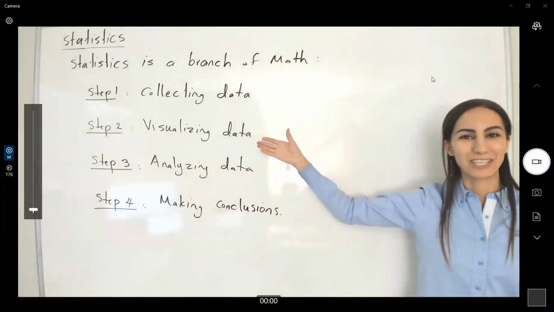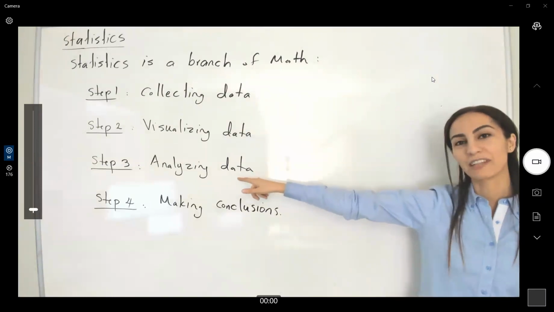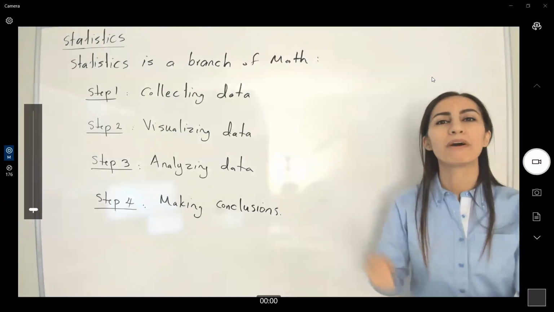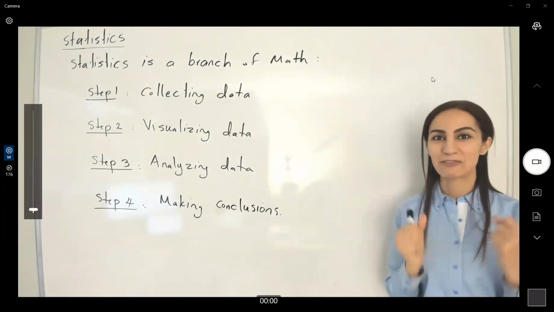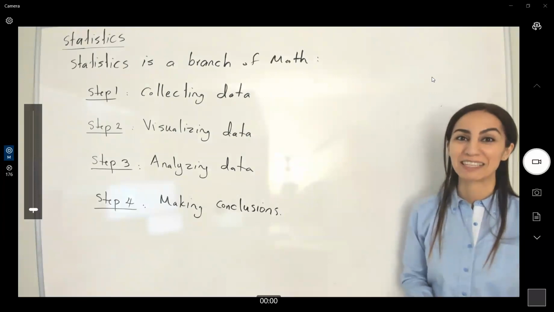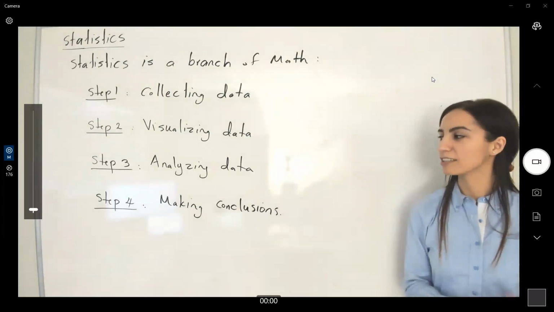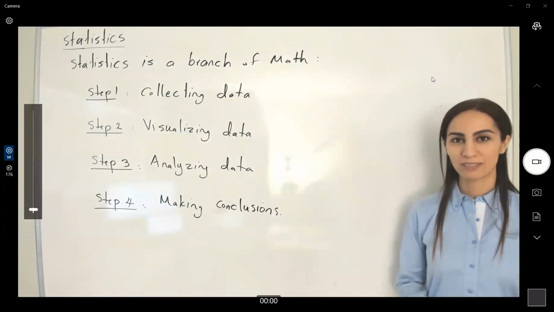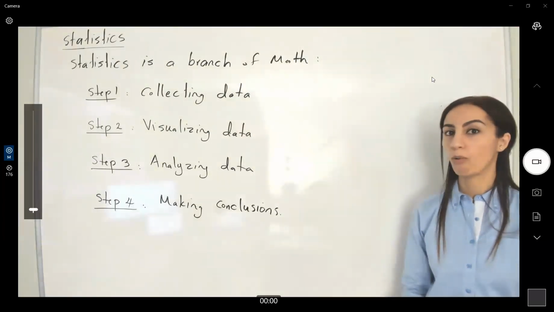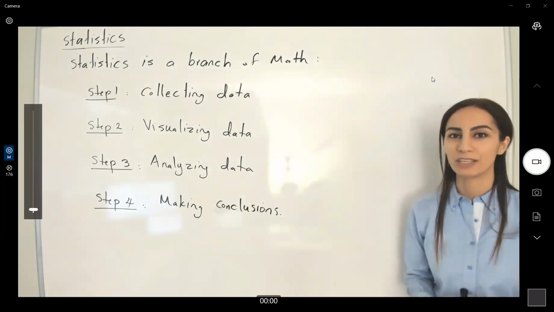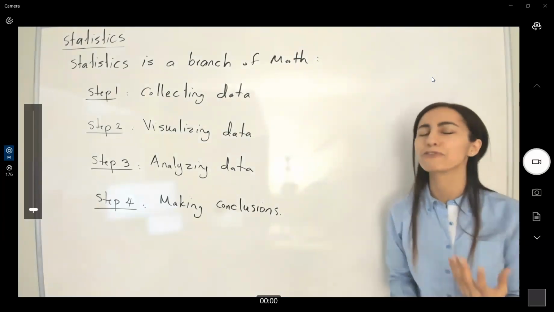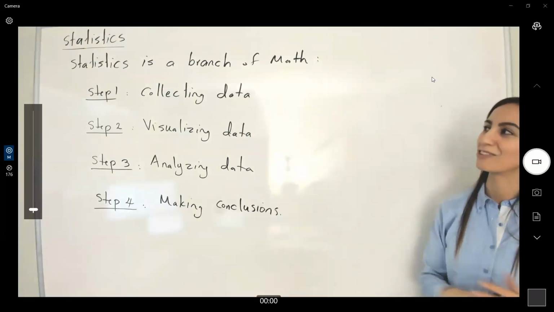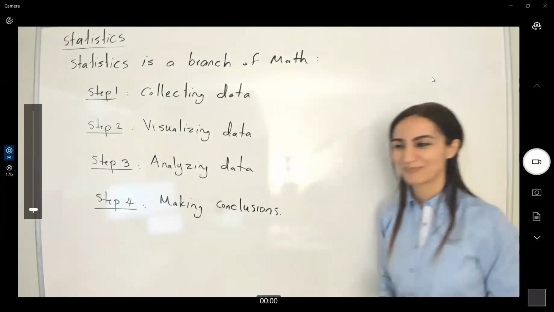What's the graph like? After that, we're interested in analyzing the data. What are the numerical characteristics that we can actually assign to the data? And finally, making conclusions, inferences about other data or the population that was very hard for us to collect the data. This is the definition of statistics.